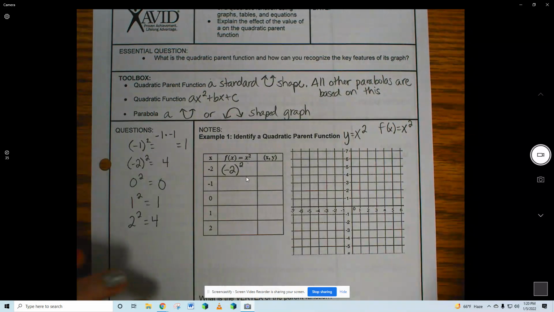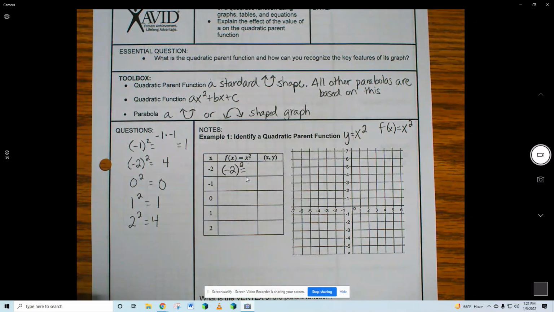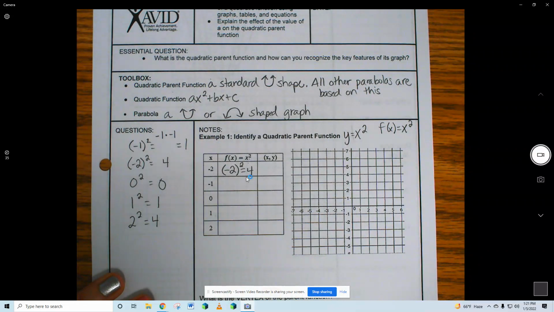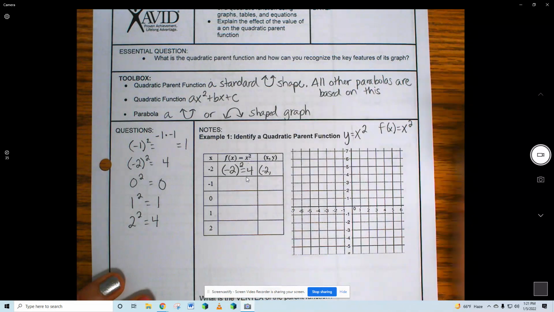I should have. What is -2 squared? +4. So that means that my x comma y, my input, my x was -2, and my result, my output, is +4.